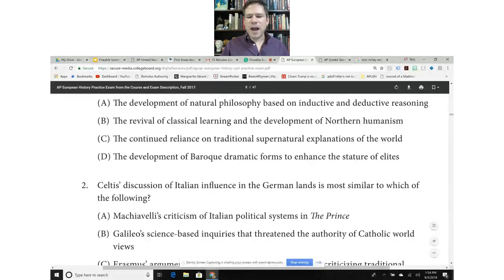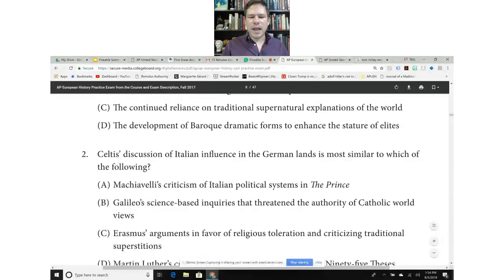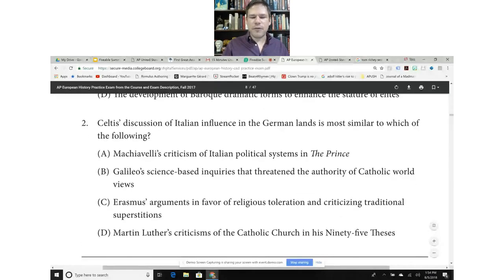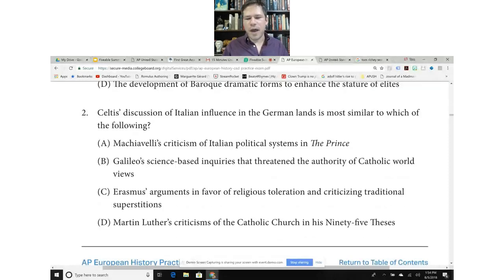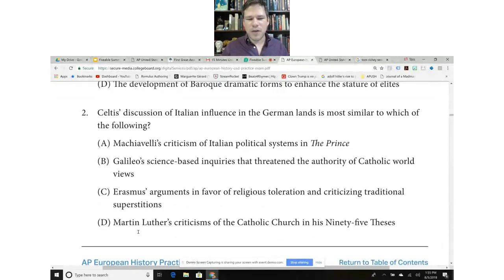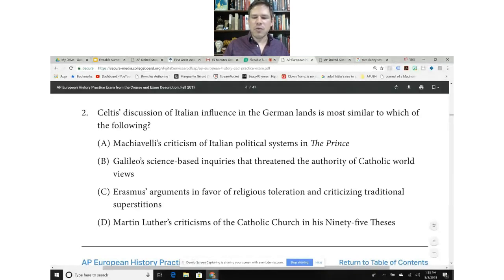His discussion of Italian influence in the German lands is most similar to which of the following? Now, Machiavelli's criticism of Italian political systems. Now the thing is, this is what I call a sucker answer, because it's using the same thing, but Machiavelli, that's Italian Renaissance. Galileo, that is a different thing altogether. Erasmus' arguments in favor of religious toleration and criticizing traditional superstitions, or Martin Luther's criticisms of the Catholic Church in the 95 Theses.